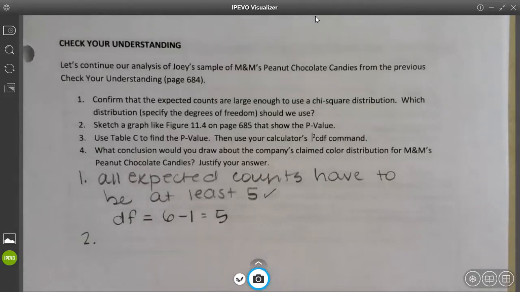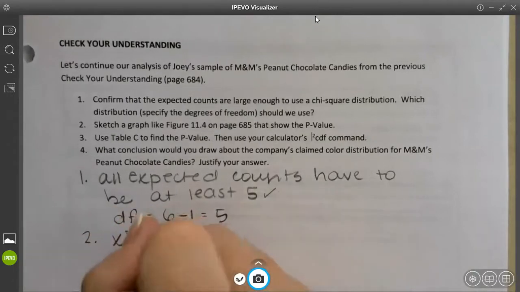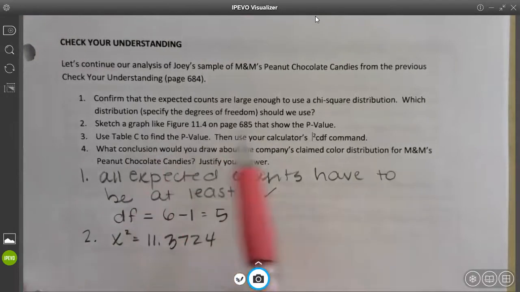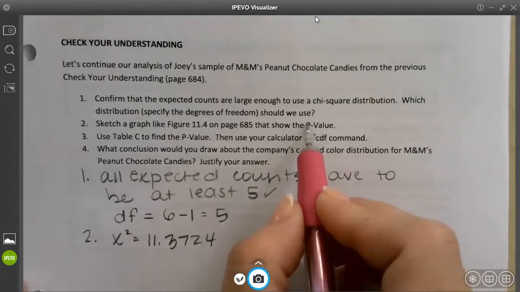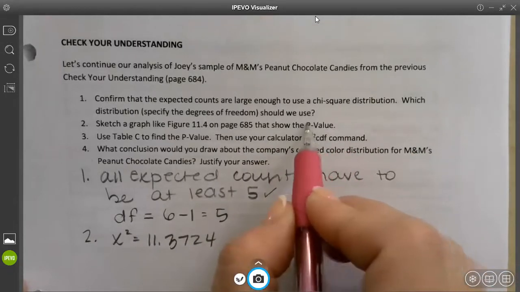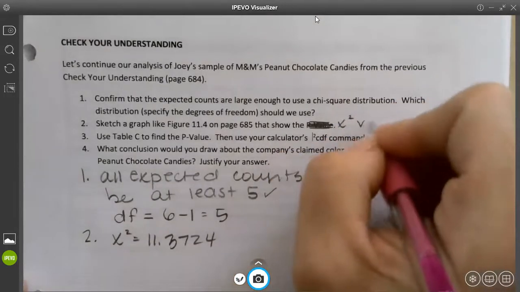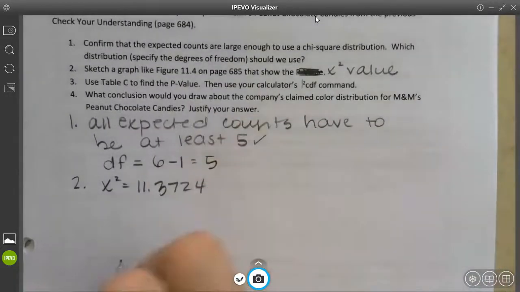Back from the previous one, our chi-square was 11.3724. I don't think it's supposed to say p-value. We're gonna mark that out. I think it's supposed to say this, because that's what I have a picture of in my notes.